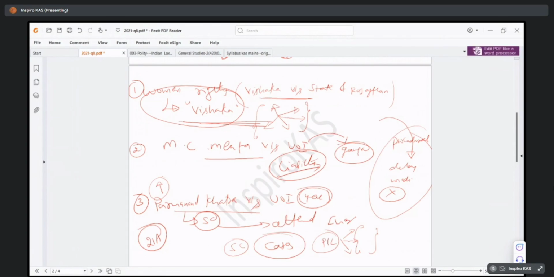Identifying cases as women rights cases, environmental cases, etc. is good provided you have prepared PIL as a separate topic. But since in the syllabus PIL is not explicitly mentioned, we have to bring PIL from judicial activism, etc. So I would say just going with these rights cases would be more than sufficient. Okay.